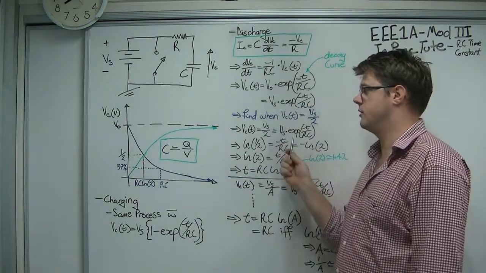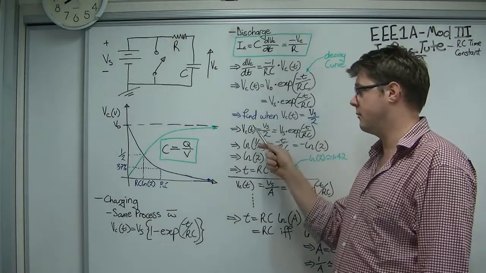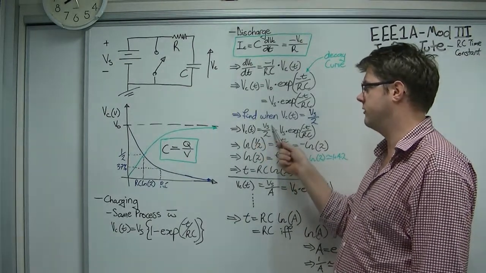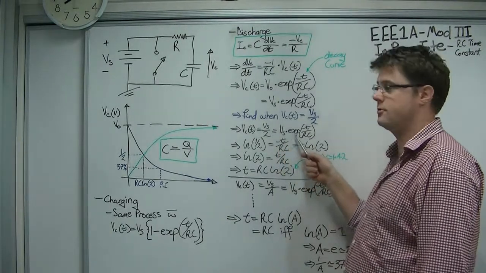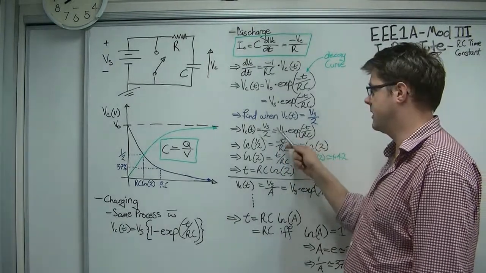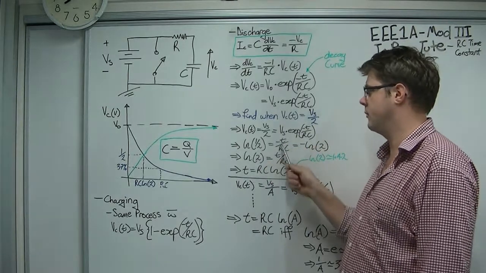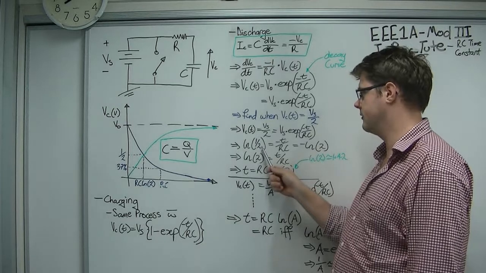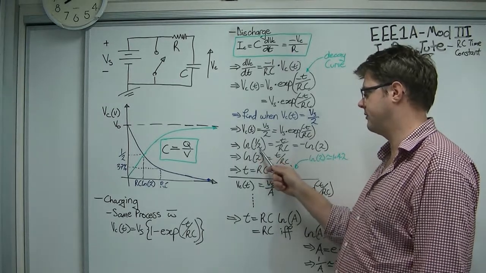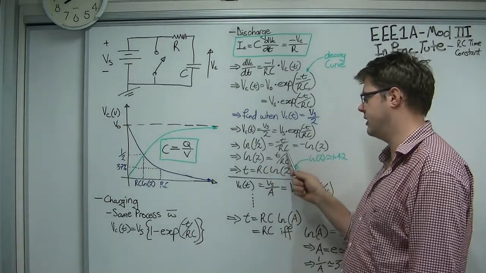Substituting those values into our equation, we end up with Vc of t equals Vs divided by 2, equals Vs times the exponential of minus t upon RC. Eliminating the Vs terms and taking the natural log of the half that's left over, we end up with log of a half equals minus t upon RC.